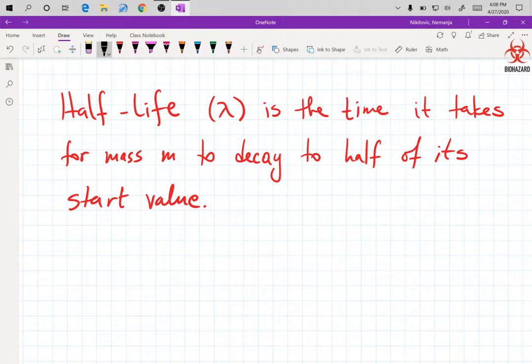We have to understand that half-life is the time, so t equals lambda will be called the half-life.